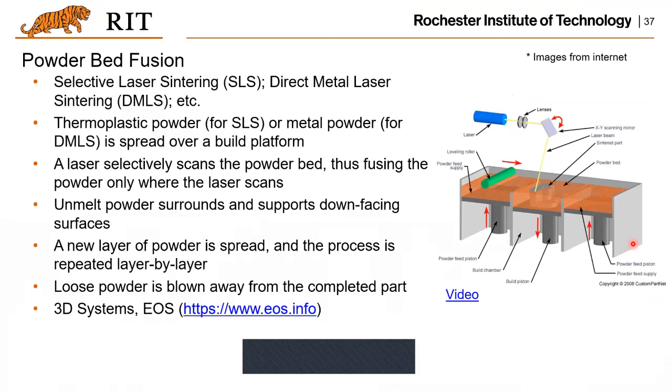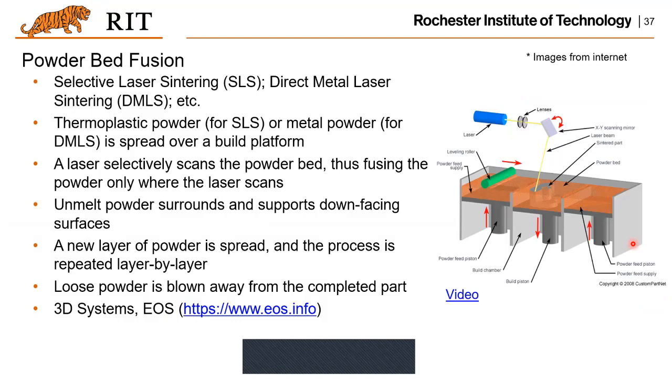Another big family for additive manufacturing is powder-based fusion, powder bed fusion, including selective laser sintering. They are usually for thermoplastic powder, and direct metal laser sintering, which is more for metal powder.